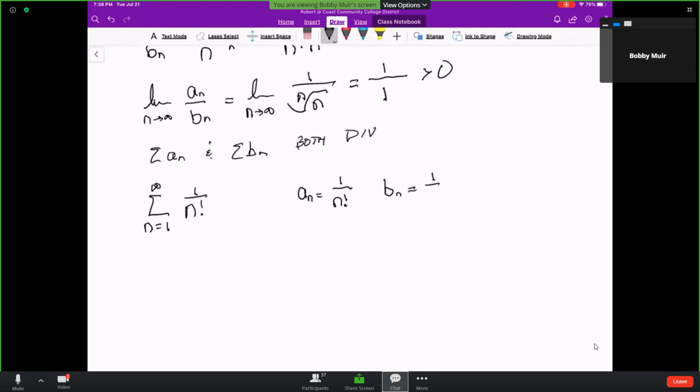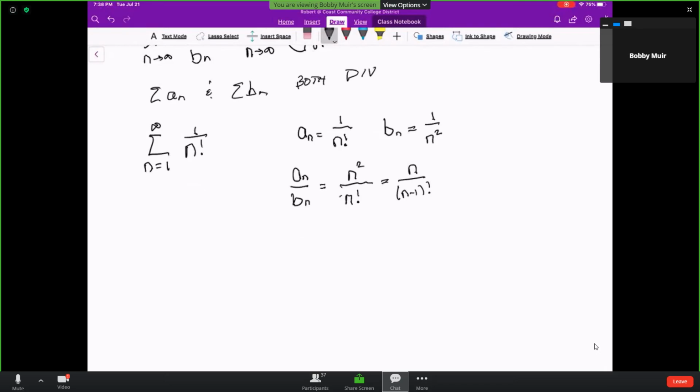maybe we can do a limit comparison test with this. Now I don't think this is going to go anywhere. An over bn is equal to n squared over n factorial, which is n divided by n minus 1 factorial.